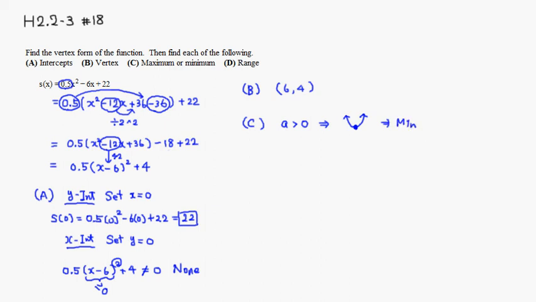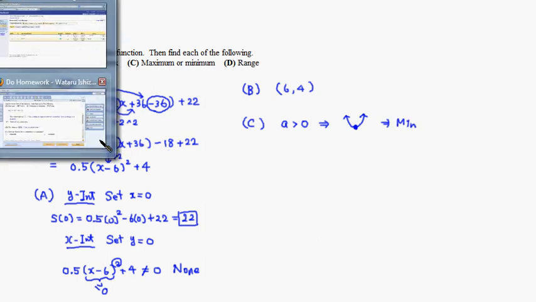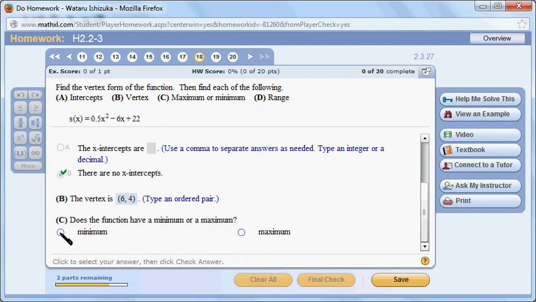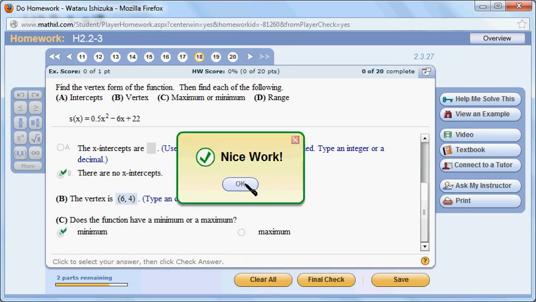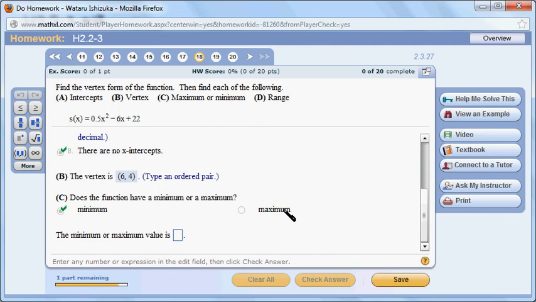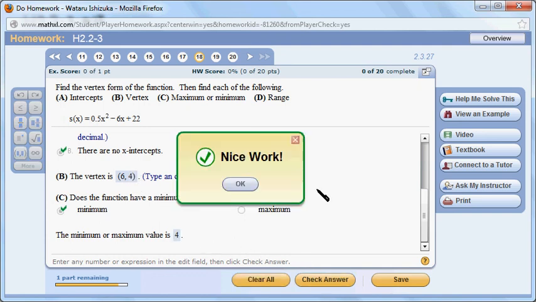So go back and we'll have a minimum. Then check the answer. All right, we got that. The minimum value is, and we already know the vertex up here. Vertex is 6 comma 4, so the minimum value is 4. So type 4 in and check the answer. All right, got that correctly.